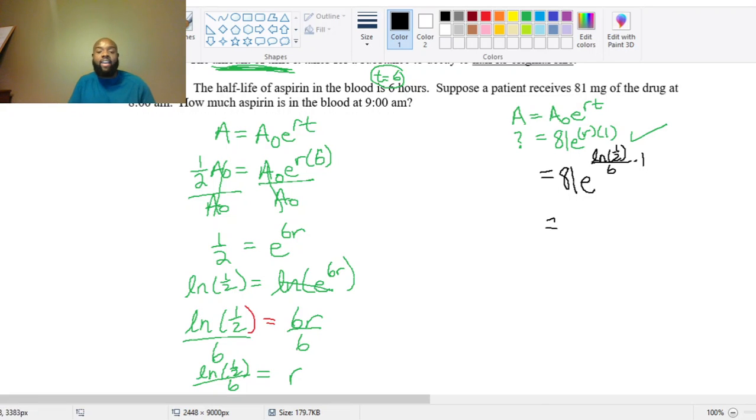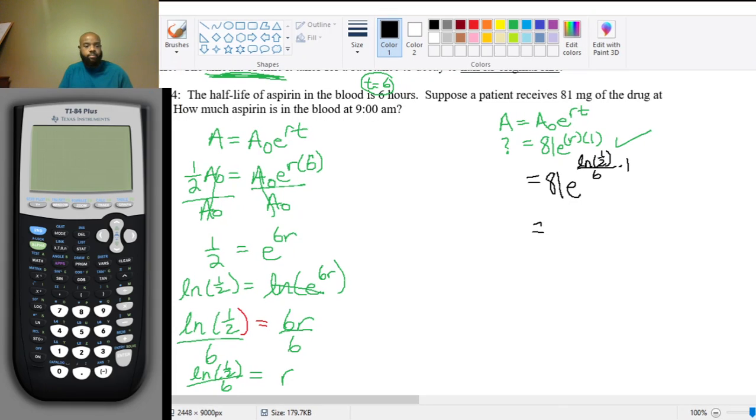And so let's get our calculator and place this in our calculator. And so I have 81, and I'm going to times e, so second ln. And for those of you who have a calculator that doesn't put your exponent in there like that, make sure you open with a parenthesis, because you're going to put that division. So I'm going to have the natural log.